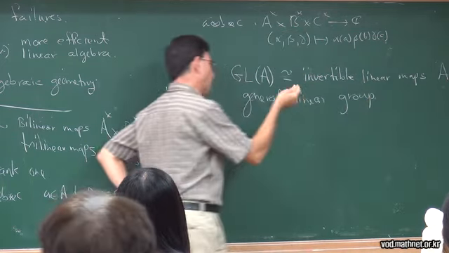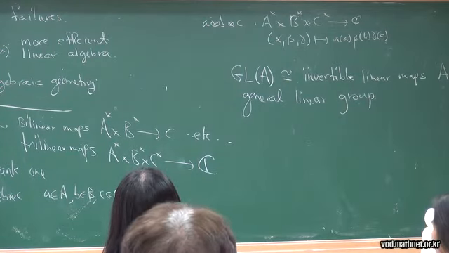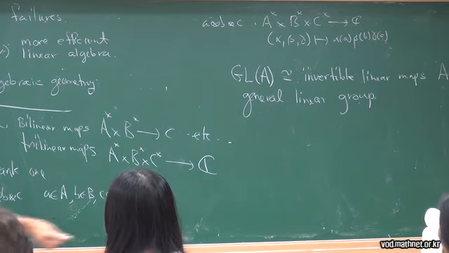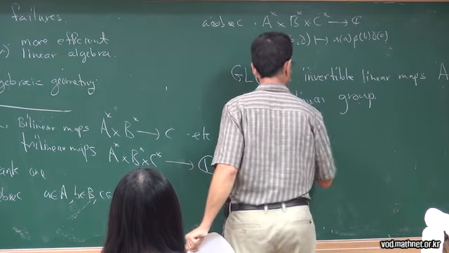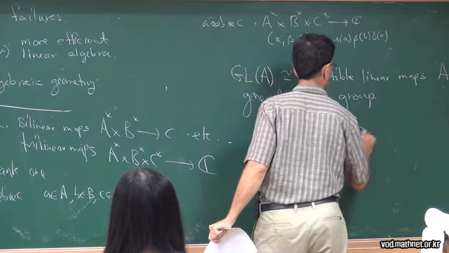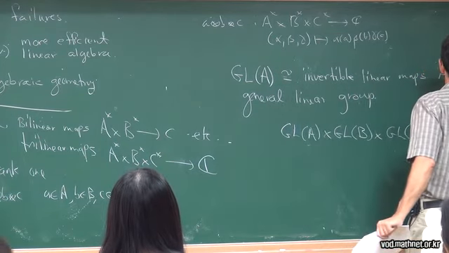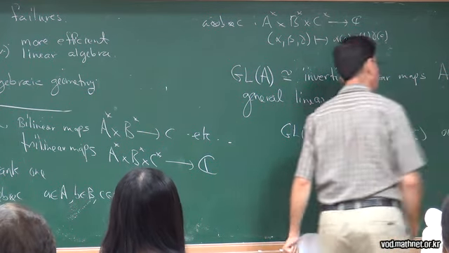If we fix a reference basis, this is the group of all changes of bases. And if we are going to choose a basis, we should use a good basis. And this group will help us find our good basis. And so the group GL(A) cross GL(B) cross GL(C) acts on this triple tensor product simply by the product of the actions on each of the individual spaces.